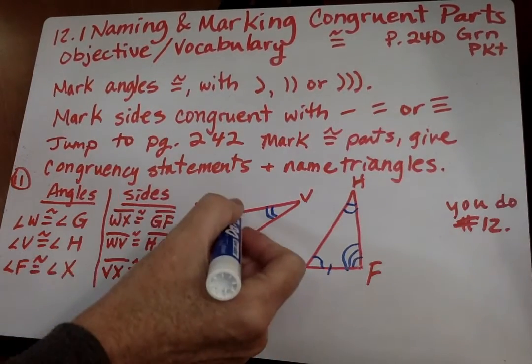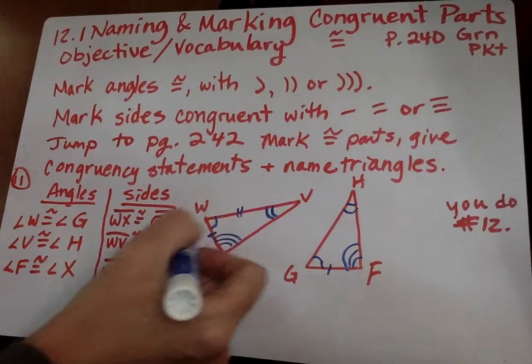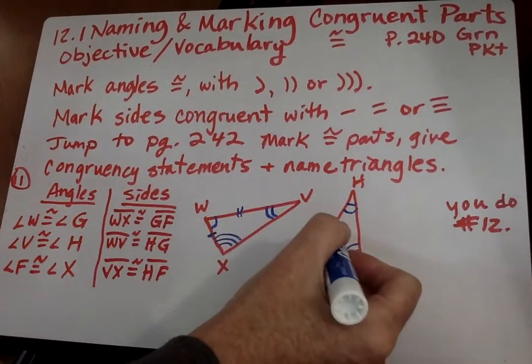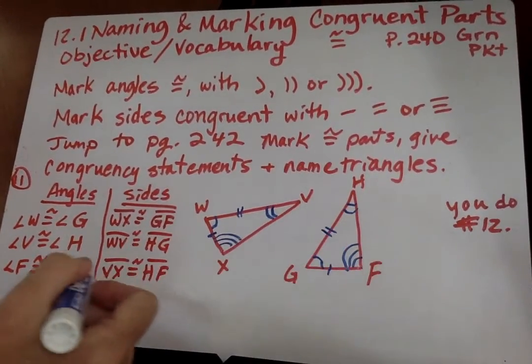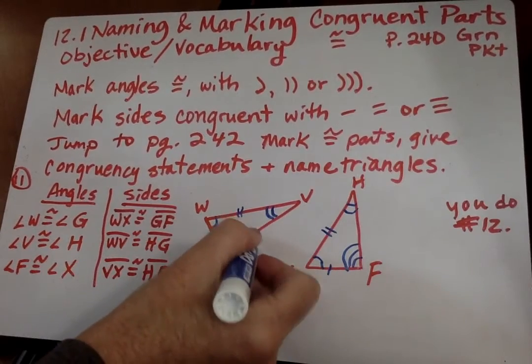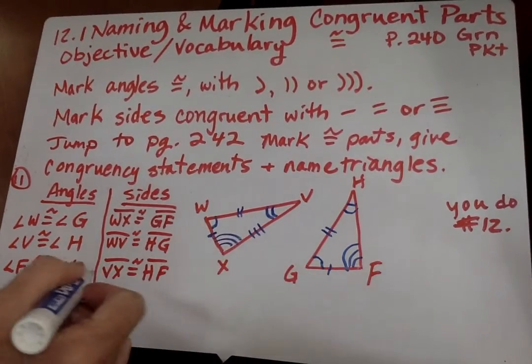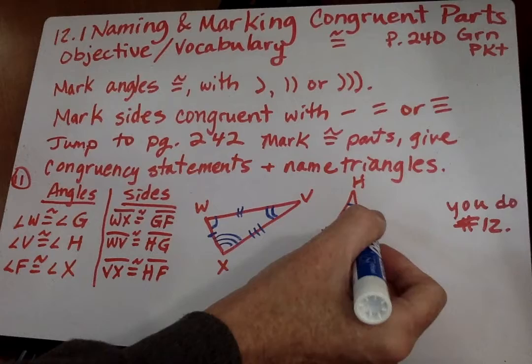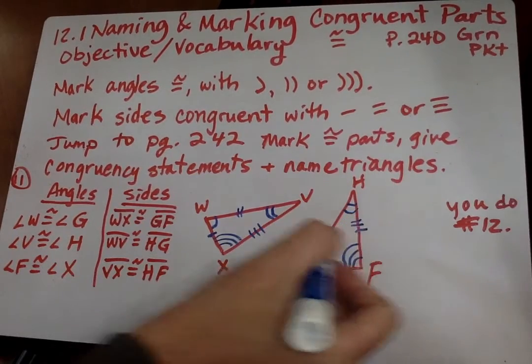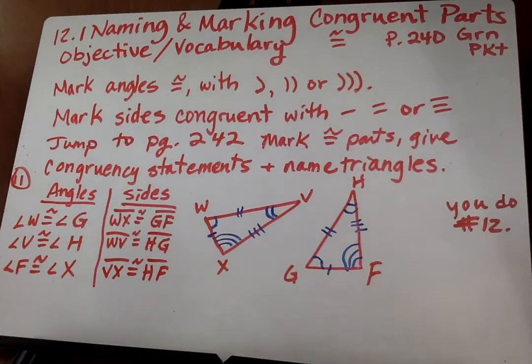Then WV, I'm going to put two marks there, is congruent to HG. Then we say VX, now we're going up to three markings there, is congruent to HF. Three marks there.